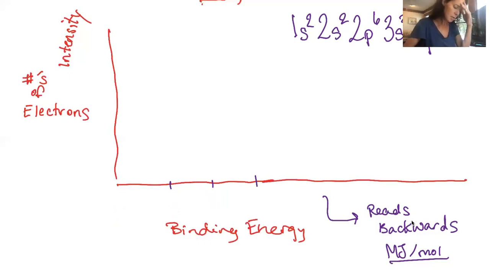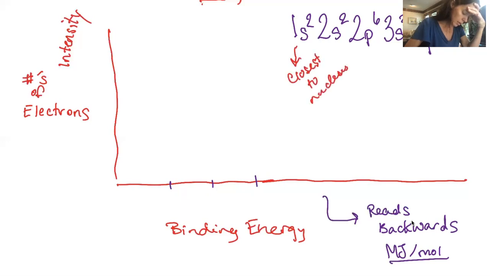Now, right here, this is me thinking, this is the closest to the nucleus, right? Therefore, greatest binding energy. Right, and we'll just write BE for binding energy. And this would be the furthest, okay?